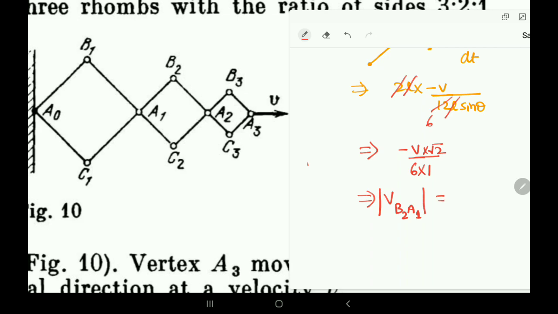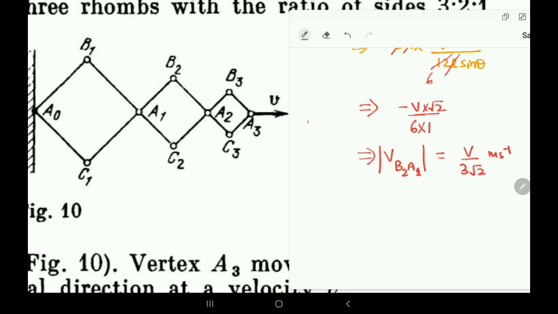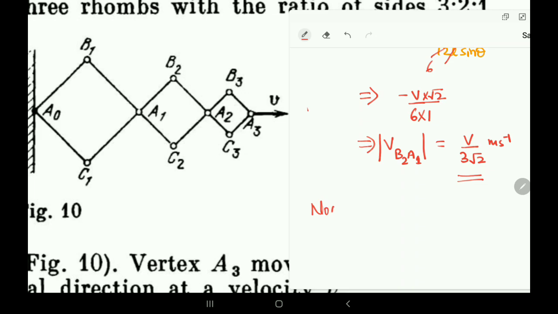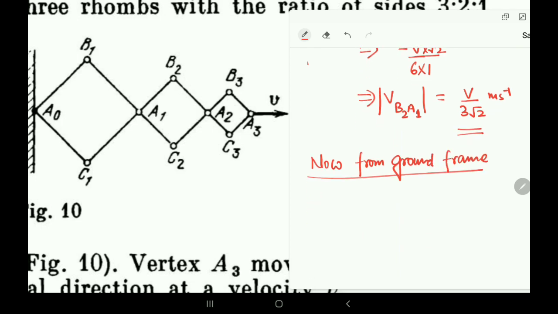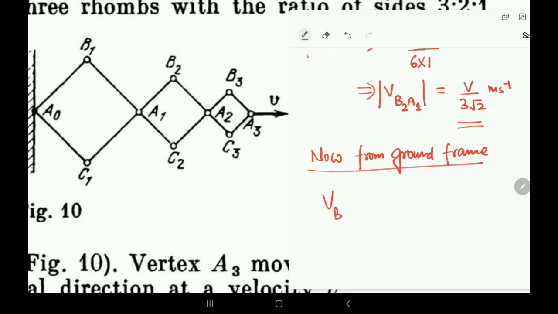So theta will become 45 degrees, so sine 45 will become 1 by root 2. So basically the magnitude will come out to be v by 3 root 2. So the B2 joint is moving with a speed v by 3 root 2 with respect to the A1 joint. Alright, with respect to which joint? A1 joint, with respect to the A1 joint.